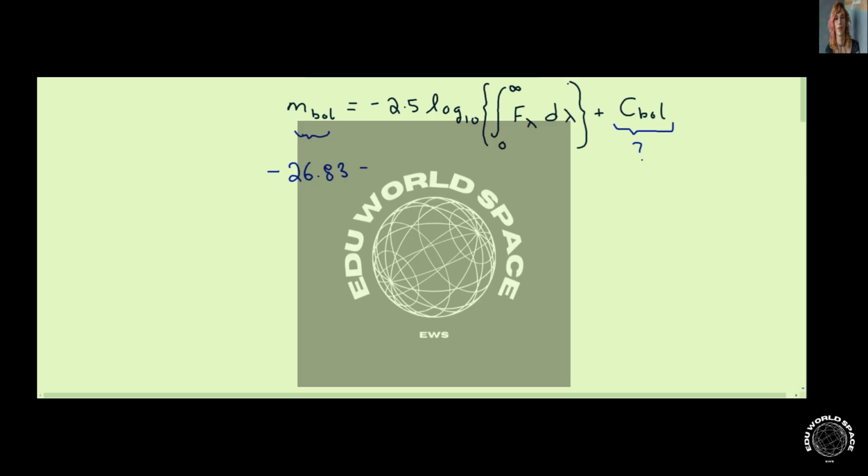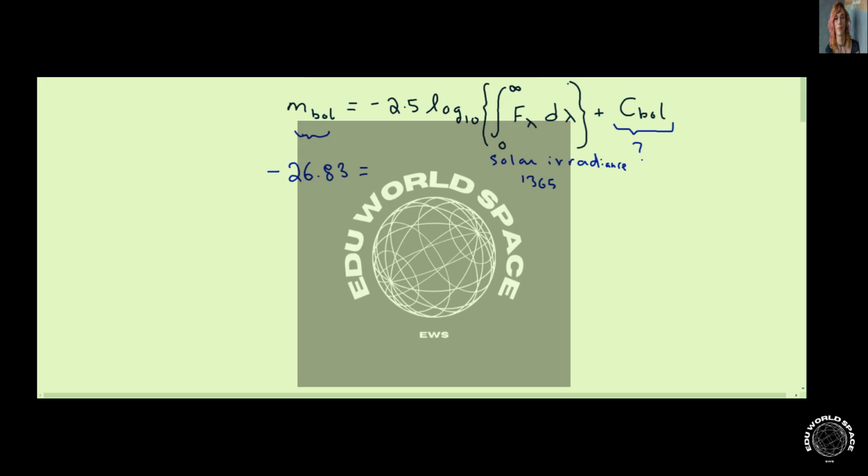What is inside of the logarithm is actually the solar irradiance observed at the Earth. And we know what this is. It's a little bit weird to put a quantity with units inside of a logarithm.